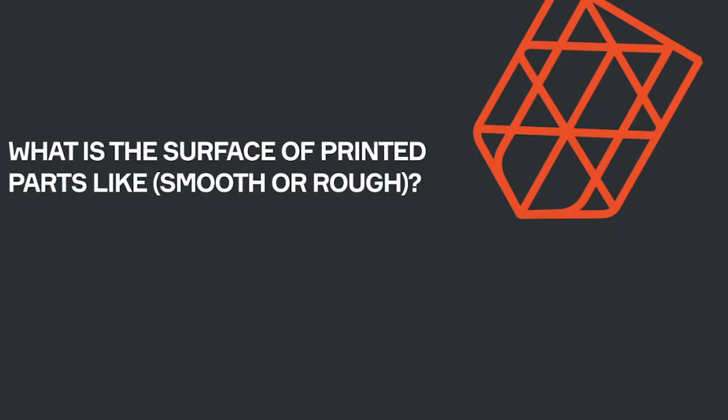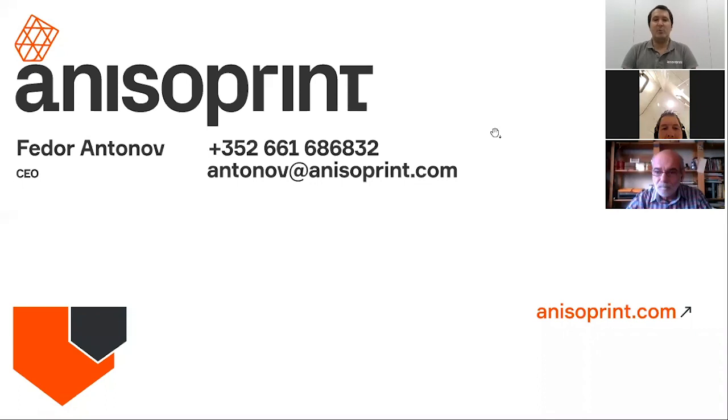What is the surface of printed parts like? Smooth or rough? Very good question. On all our machines, both the desktop machines and the industrial machine, we have both the CFC co-extrusion nozzles and plastic FFF nozzles.